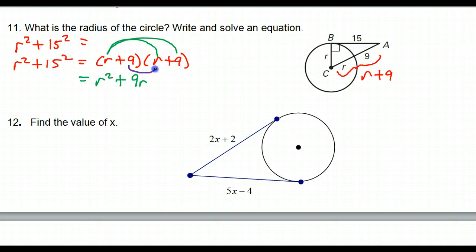But then we also need to distribute the 9. 9 times r is 9r, and then 9 times 9 is 81. So we get all of this. So that's going to give me r squared plus 225. Let me bring that down.